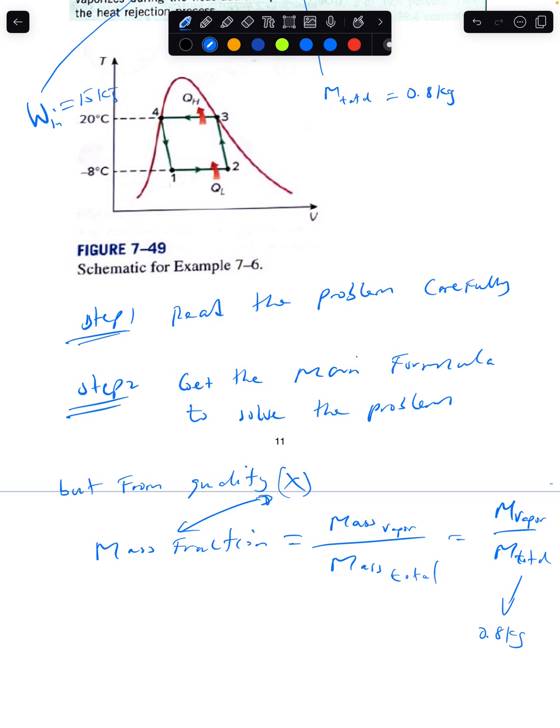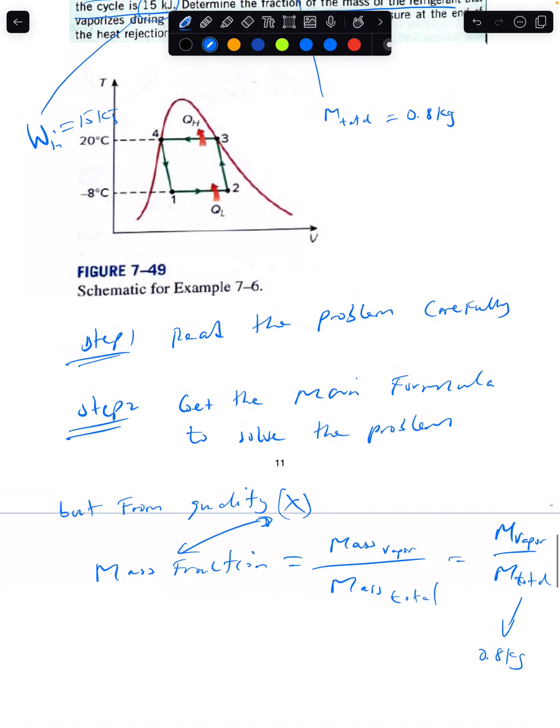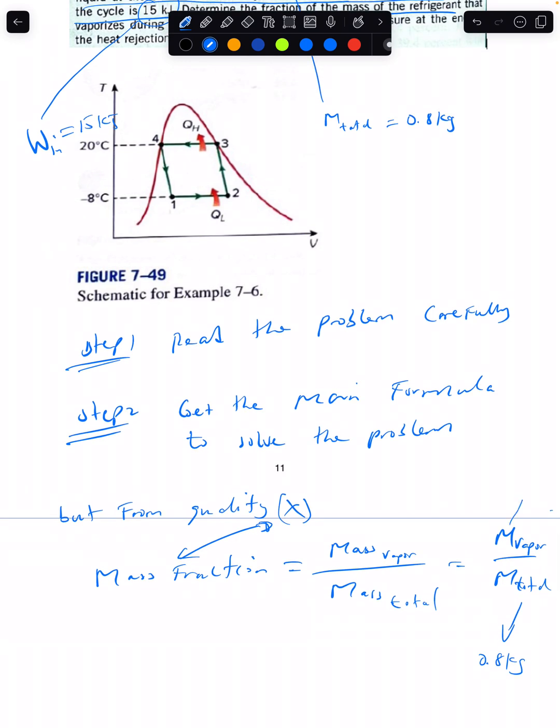Our main problem now is to determine the mass of vapor. How do we solve for the mass of vapor?